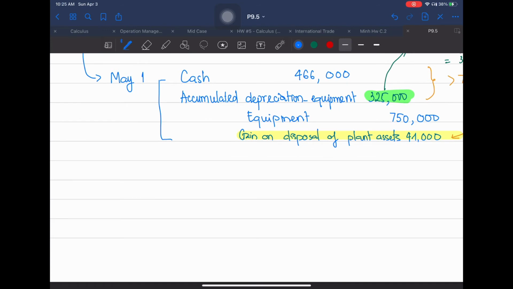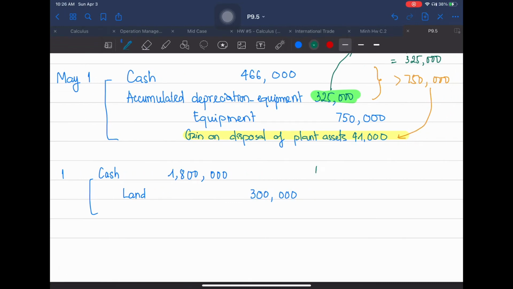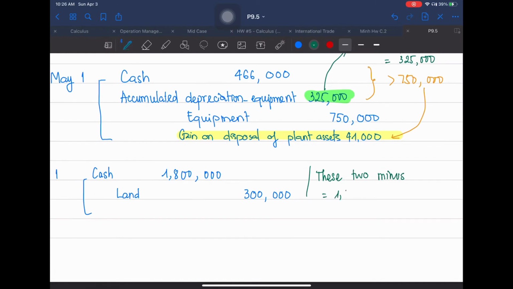So going on to the next one, June 1st. We're going to sell the land and receive money by cash. So first, just put the cash first, 1.8 million. And then our land cost is exactly 300,000. So we just put it in there, and you can see that 1.8 million and 300,000 is different, right?